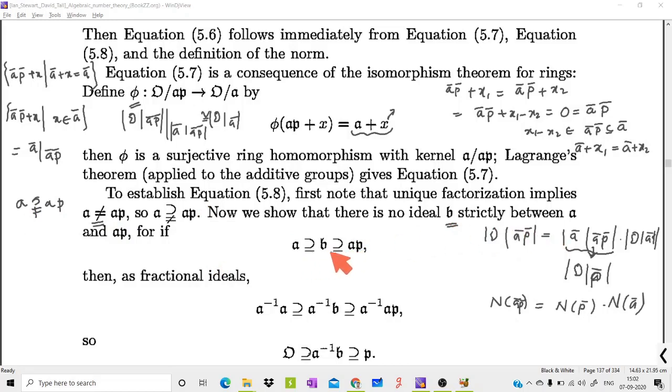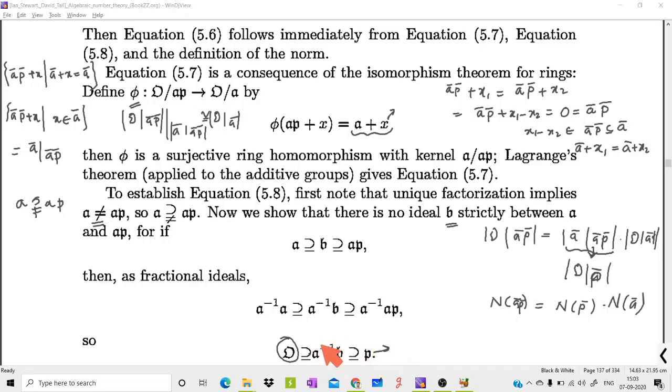Whenever you assume an ideal in between A and AP, you can, using the inverses, or fractional ideals, write it as A inverse A, A inverse B, A inverse AP following this inclusion. A inverse A is this O, and A inverse B is in between this P and O. You know that P is a prime ideal, and every prime ideal is maximal ideal.